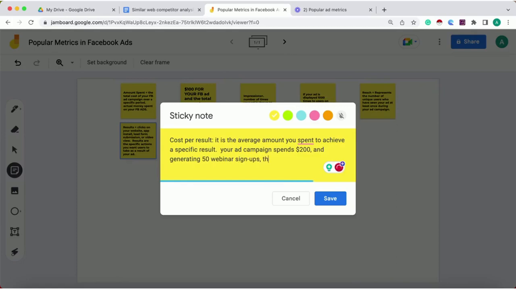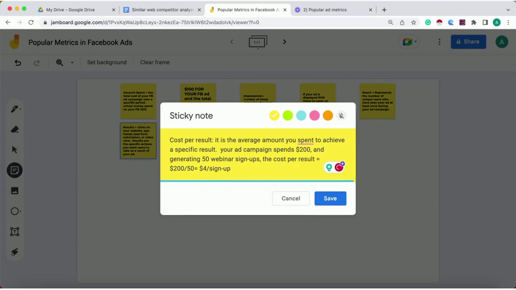So the cost per result will be $200 divided by 50, which is equal to $4 per sign up.